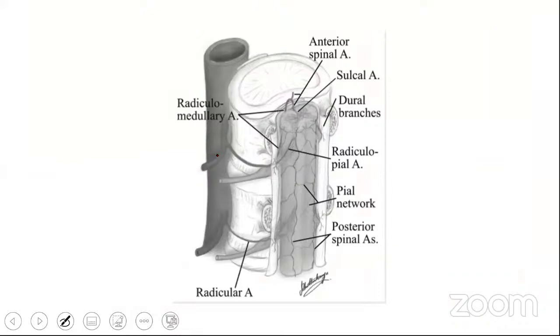You can see in another depiction here, this is the anterior spinal artery, and radiculomedullary artery branches are coming, and there is a pial network. This is the vertebral column, and this is the spinal cord. These are the nerves, and this is the arch of aorta.